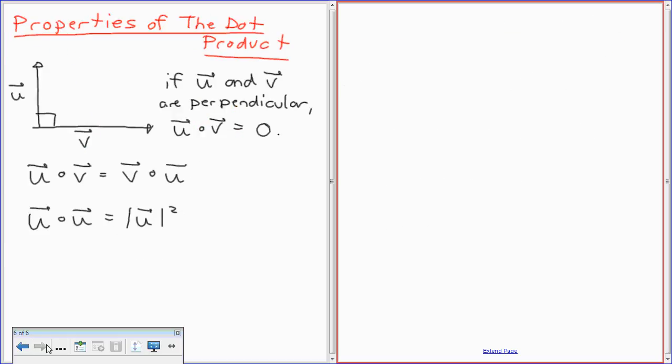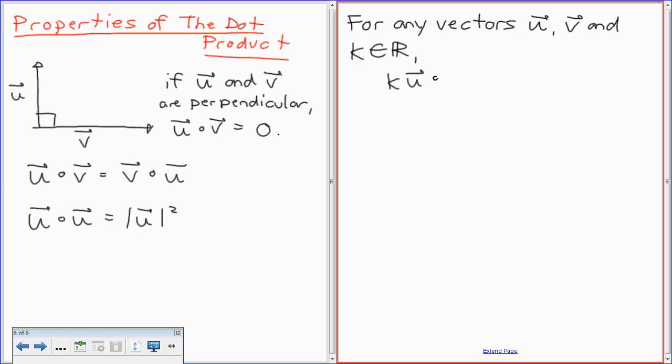All right. Finally, let's go. We're going to say for any vectors U and V and k, kU dot V equals k(U dot V) equals U dot kV.